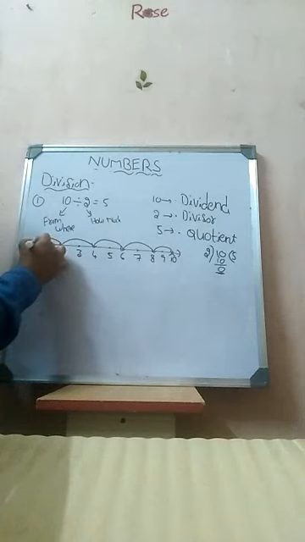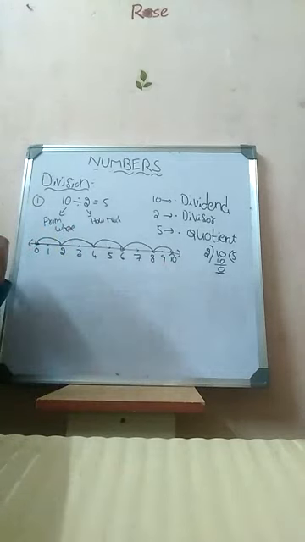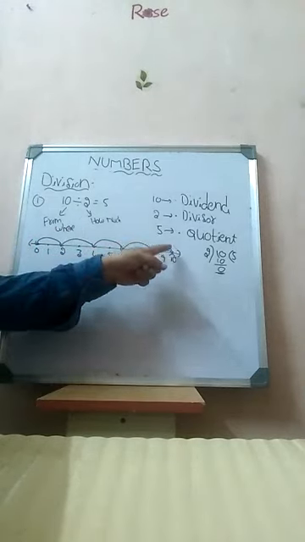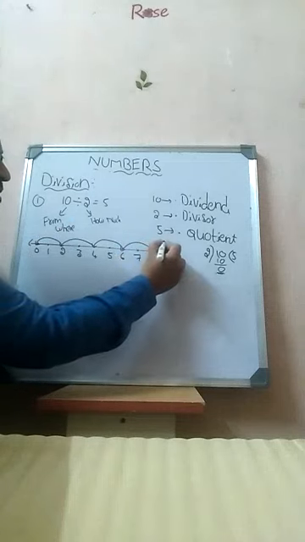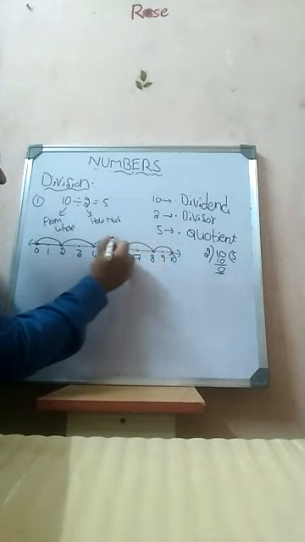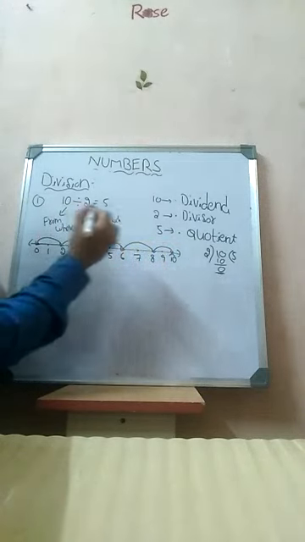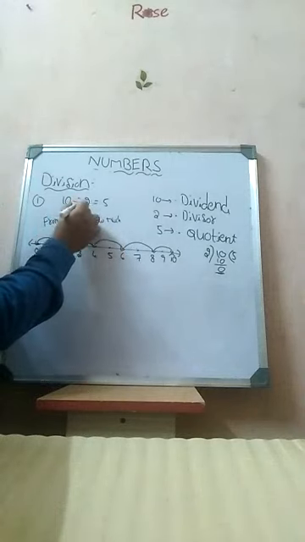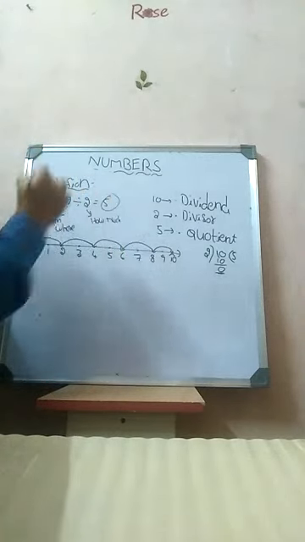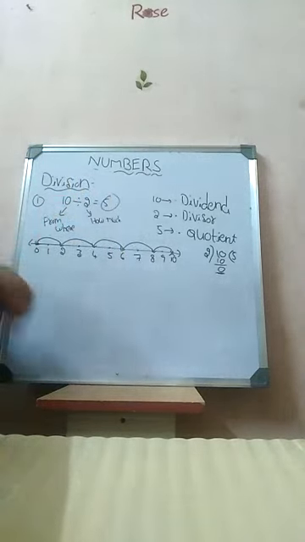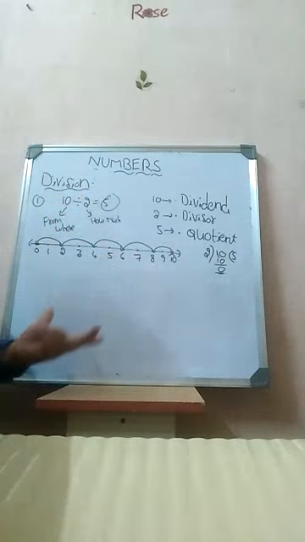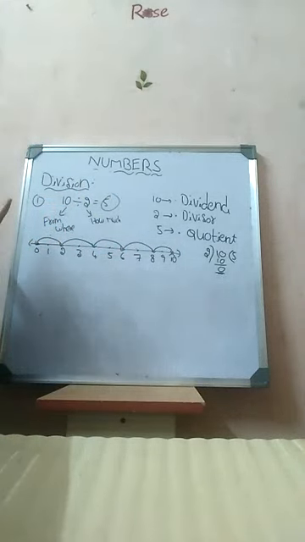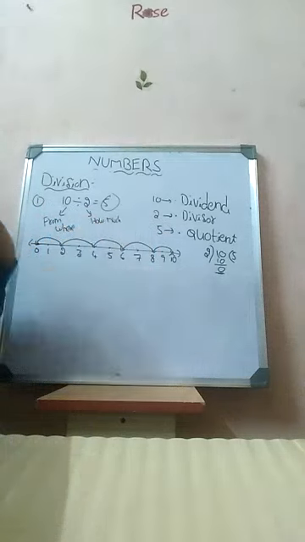So we have to continue this jumping towards the left side until we reach 0. If we reach 0, then the division process is over. How many jumps we did? You count. So 1, 2, 3, 4, 5. So 10 divided by 2 is 5. How many jumps we did, that is the result of this division. So the question tells how many.